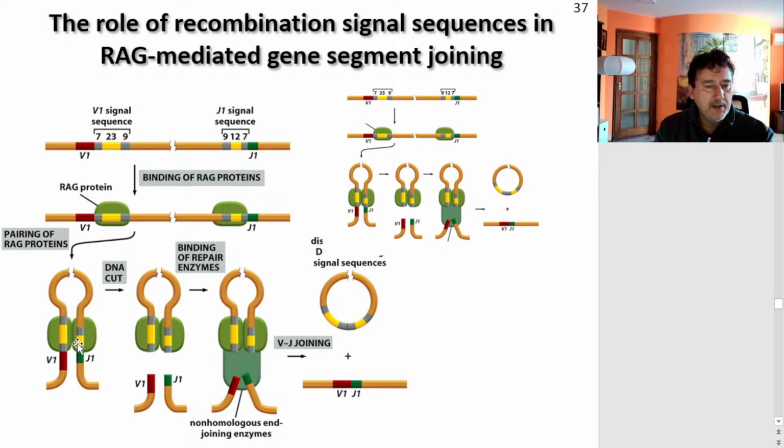It can be V2 and J5, etc. And then the recombination will occur, so there will be a removal of the V and the J region, and then end-joining enzymes will put together the free ends. So the RAG enzymes are the recombination enzymes, and there's also another enzyme which has something like a ligase function.